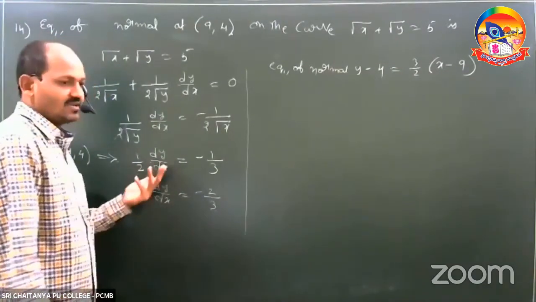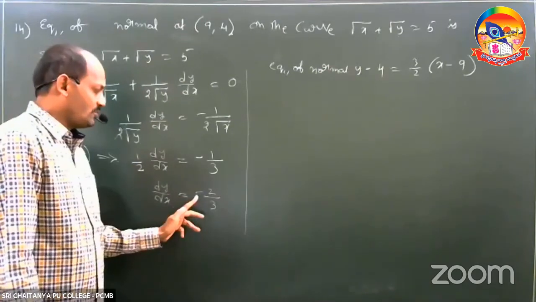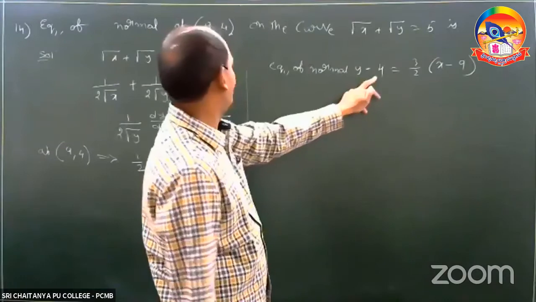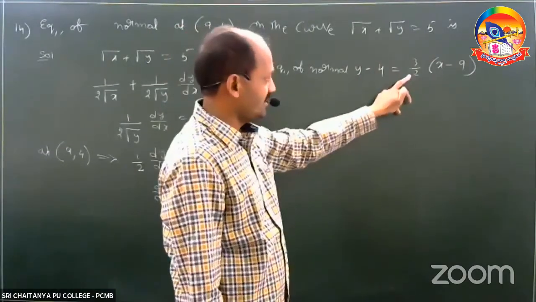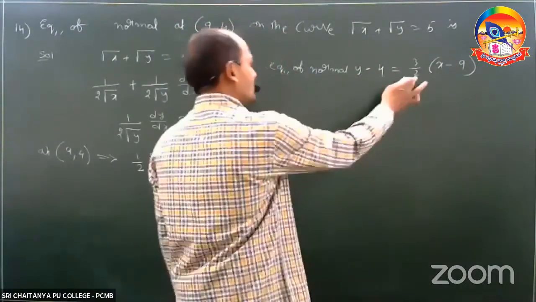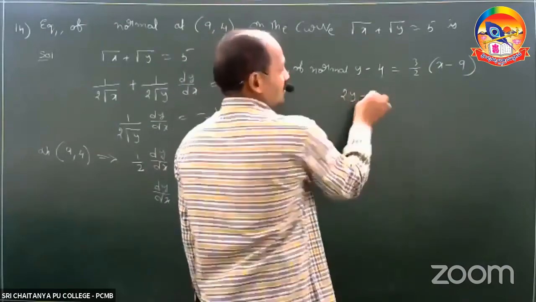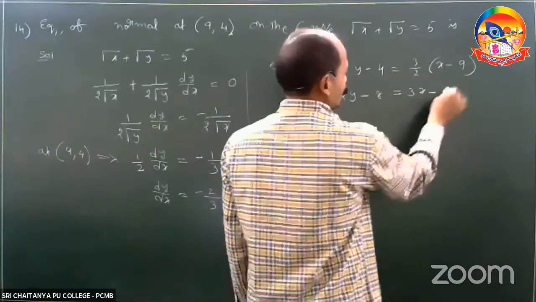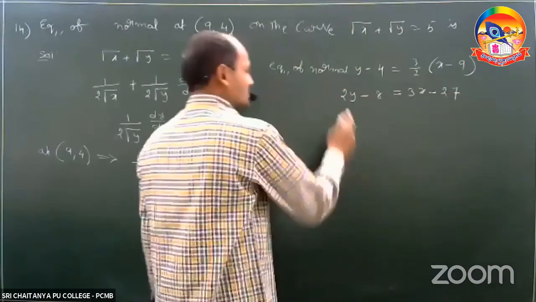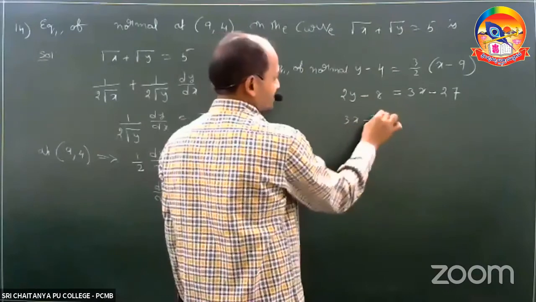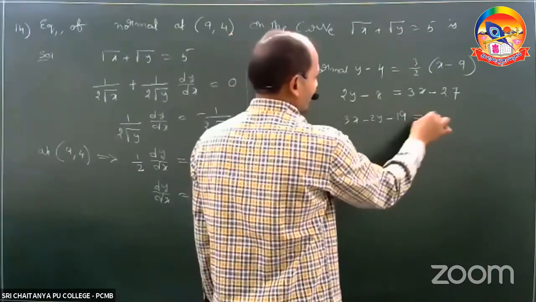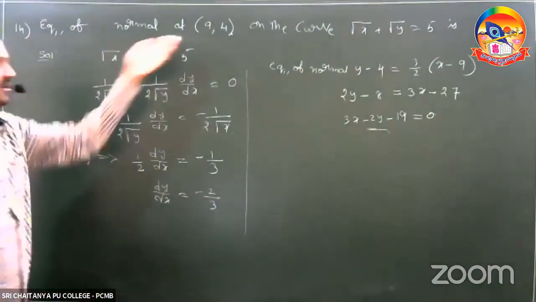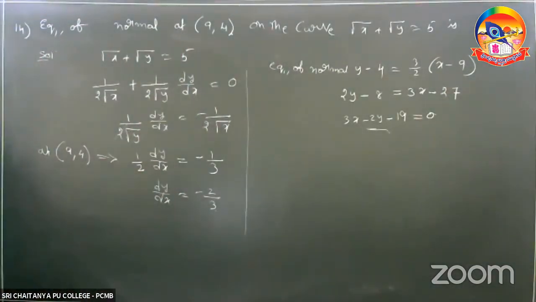Its perpendicular is the normal. The perpendicular slope of minus 2 by 3 is 3 by 2. So y minus 4 is equal to 3 by 2 into x minus 9. Then by cross multiplication, 2y minus 8 is equal to 3x minus 27. So the equation is 3x minus 2y minus 19 is equal to 0. It is the equation of the normal to the curve at the point 9, 4.